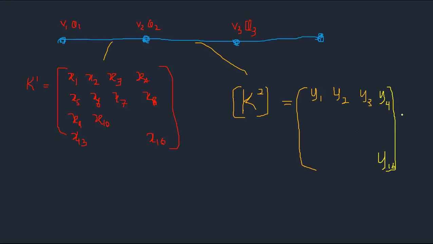The fourth row, fourth column. Okay, so this is related to v1 theta1 and this is v2 theta2.